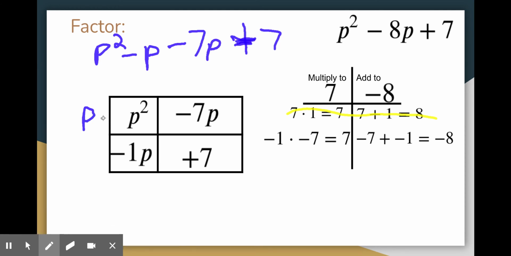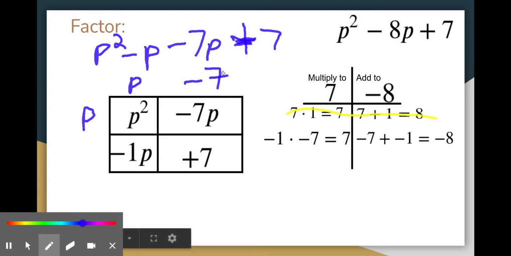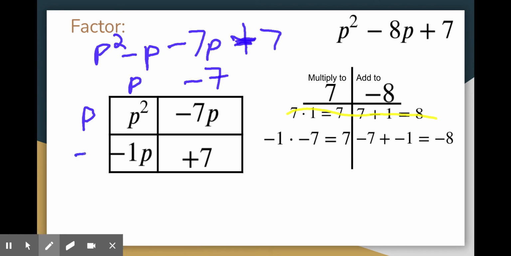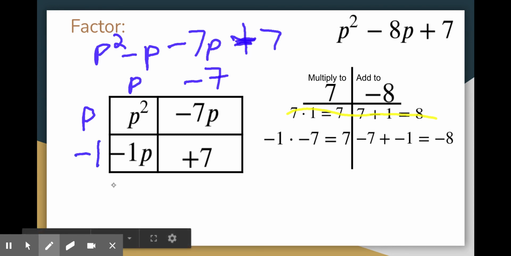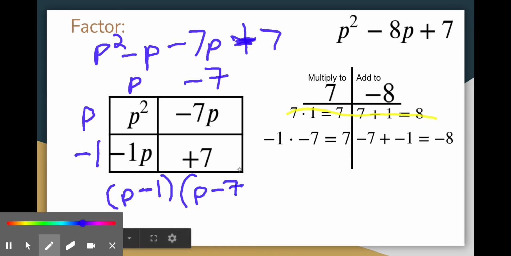And p times p gives me p squared. And then from here, what times p gives me negative 7p? Well, that would be negative 7. And what times p gives me negative 1? That would be negative 1. So I can write it as p minus 1 and p minus 7.